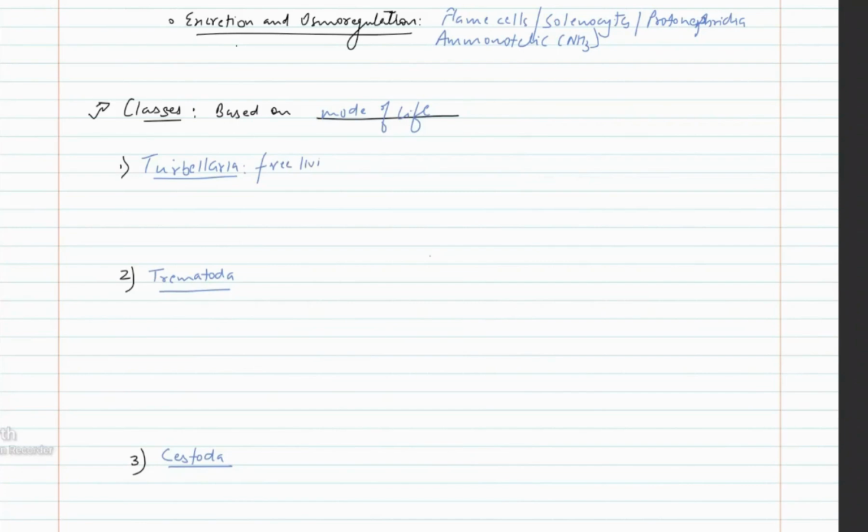Turbellaria. The organisms belonging to class Turbellaria are free-living aquatic animals, and they have good regeneration abilities.